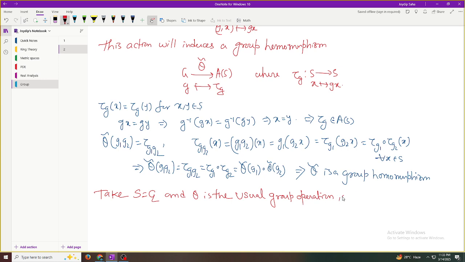I write operation, usual group multiplication. One can take addition. Operation is better. So dot: G cross G to G.